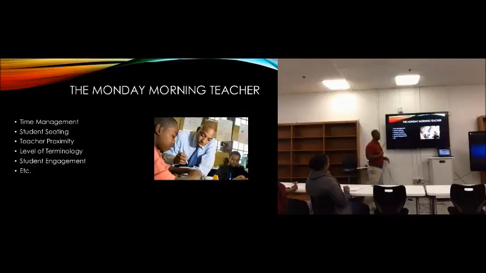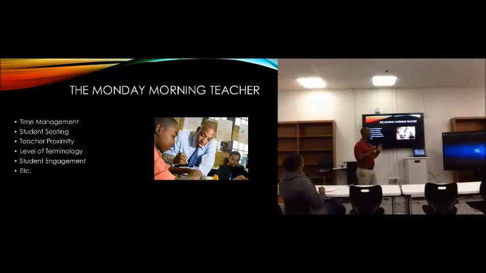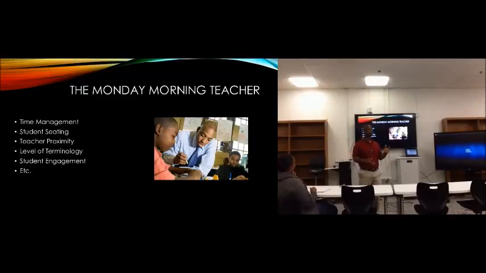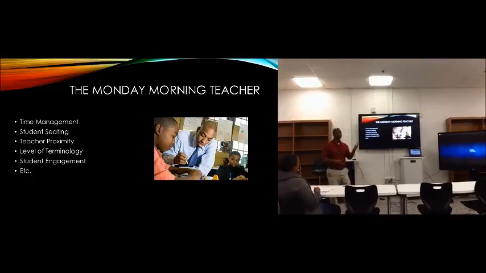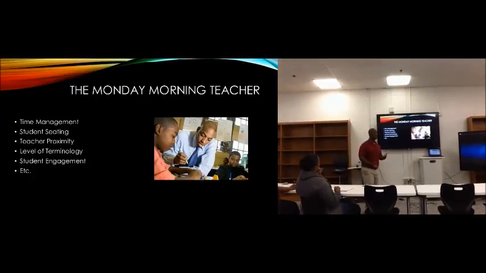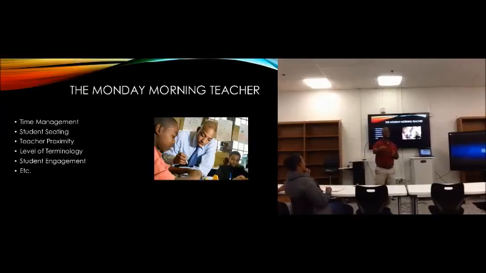Student seating, one of the things, as far as should certain students be grouped in certain areas when you group them. Is that a reason why you have issues, because of where your students are sitting? Teacher proximity, like Ms. Bethea just said, that's really important, and that can go all the way down into your data.